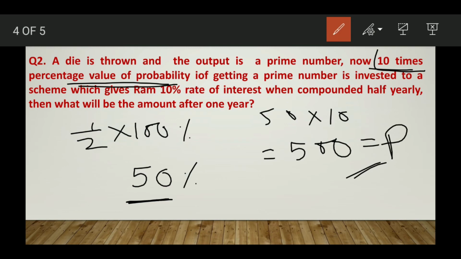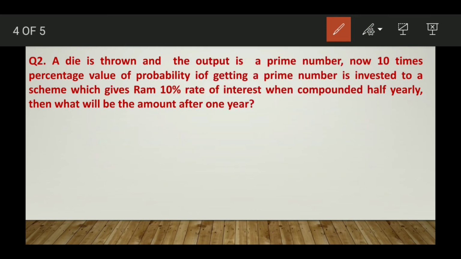This much amount is invested in a scheme with 10% rate of interest, but in this case it is given that the interest is compounded half yearly. For half yearly cases we have to just divide the rate by 2. If instead of half yearly, quarterly were present, we would have to divide it by 4.